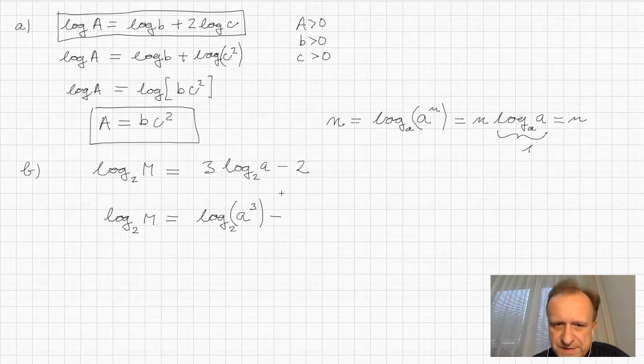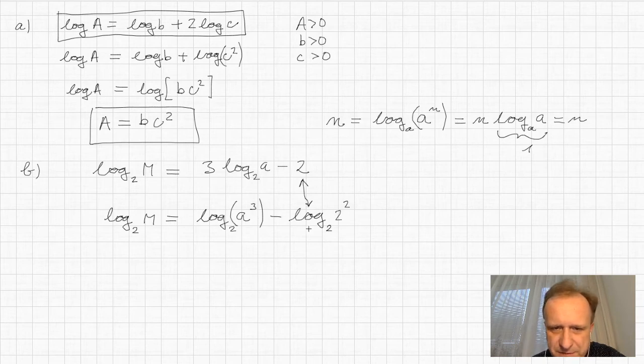So instead of having 2, I can rewrite it as the logarithm in base 2 of 2 to the power of 2. Base is a, in our case it's 2, and coincidentally n is also 2, but this and this should be the same thing.